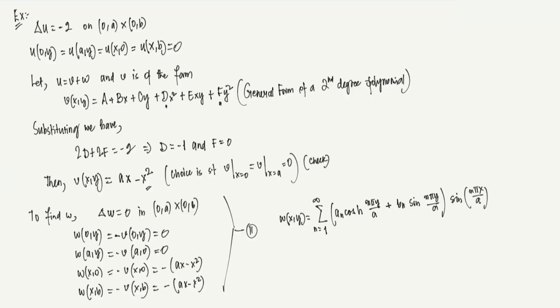Is it okay? So this you have to check. Please check it yourself that this is the solution of this problem. I am not doing this because this is essentially the separation of variables which we already did.